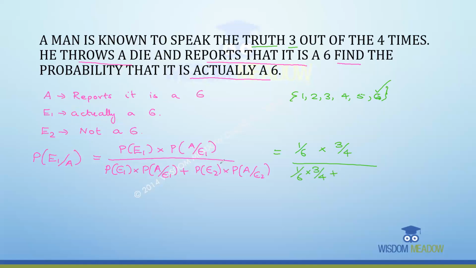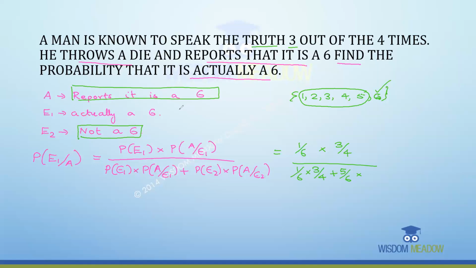plus probability of E2. E2 is not a 6. We know that all these numbers 1 to 5 are not a 6, so there are 5 favorable outcomes out of the total 6, into: now given that E2 occurred, probability of A. That is, given that it's not a 6 and he reports that it is a 6.